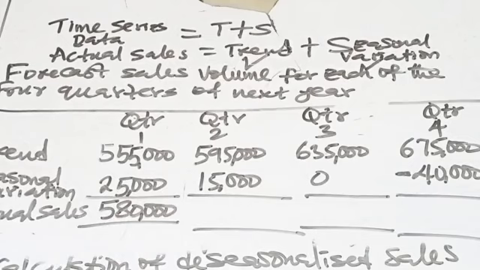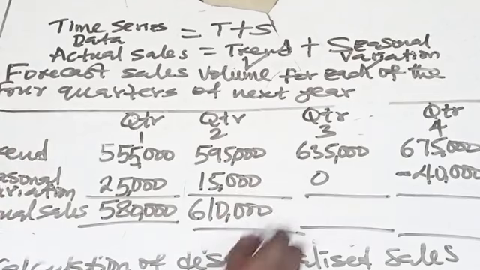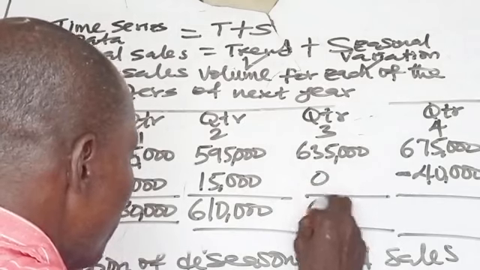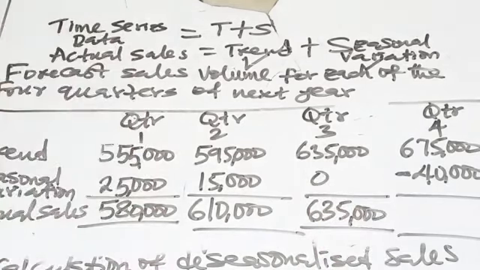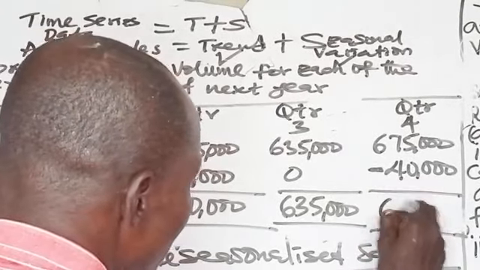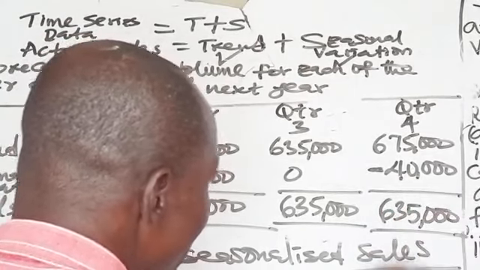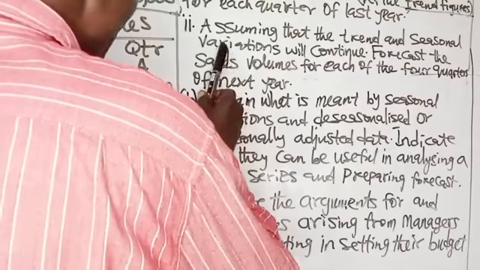That gives us 610,000. 635,000 plus 0. That will be 635,000. 675,000 minus 40,000. That will be 635,000. This is the actual sales data for each of the quarters of next year. We've done with Roman figure 2.